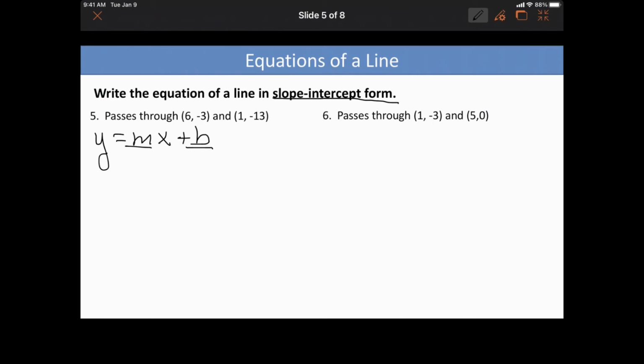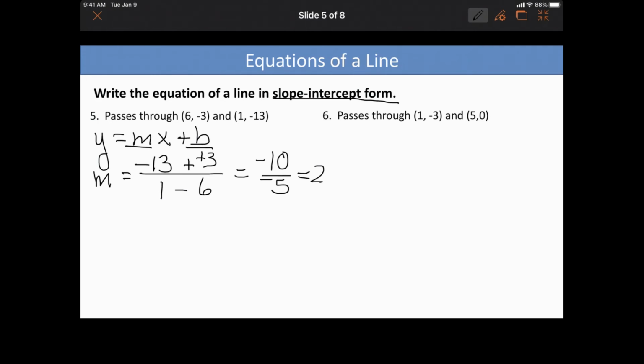Now, because I don't want to graph it to find the slope, I'm going to use the equation, which we should know from a previous lesson. If you don't remember it, you should look up at your notes.